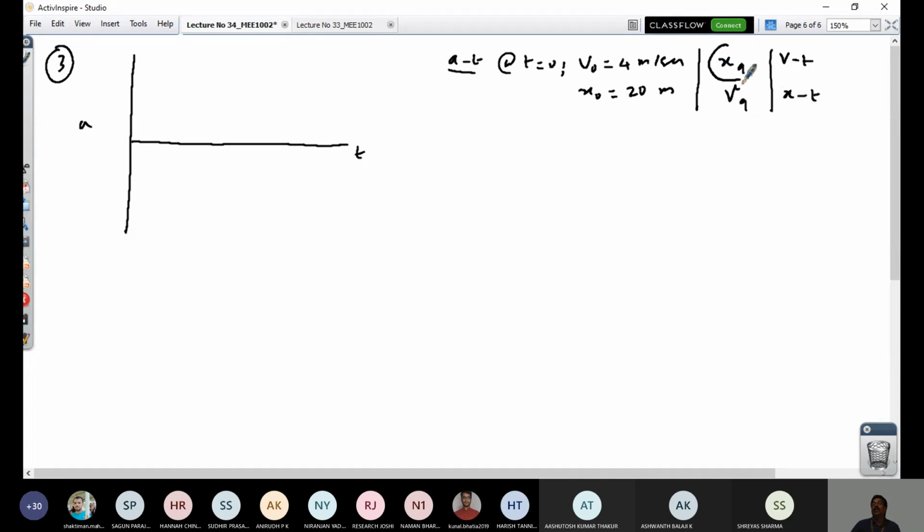So you have to find out what is the position at 9 seconds completed, what is its velocity, and also you have to find out what is the distance traveled and its displacement.